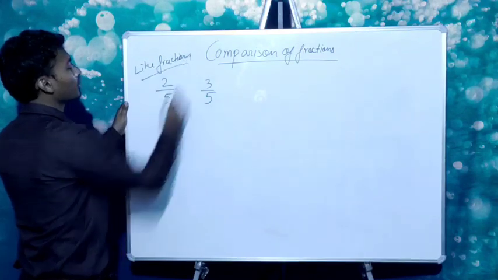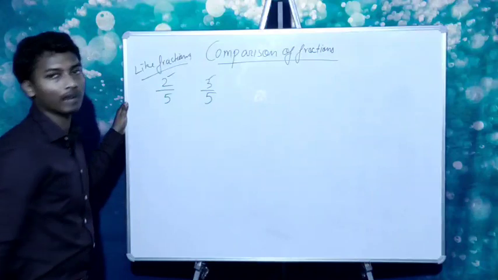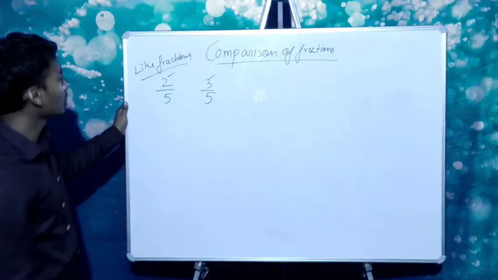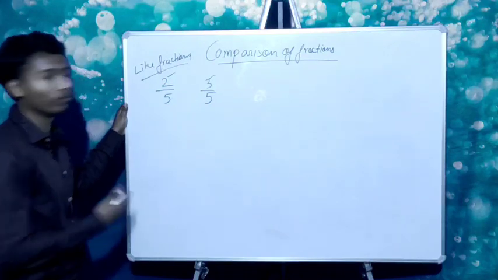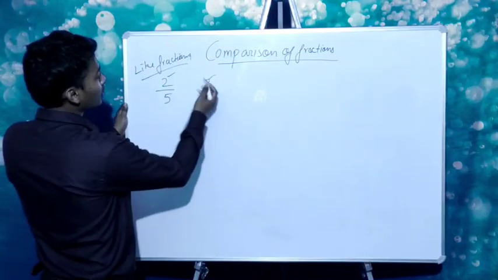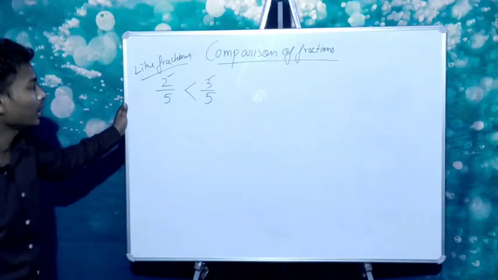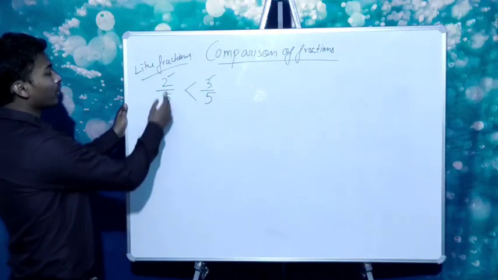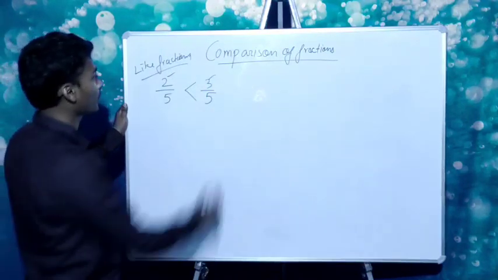So in like fractions, just by looking at the numerator, we can identify which fraction is greater. So here, if I ask you to compare 2 by 5 and 3 by 5, you will see that 3/5 is greater than 2/5, right?